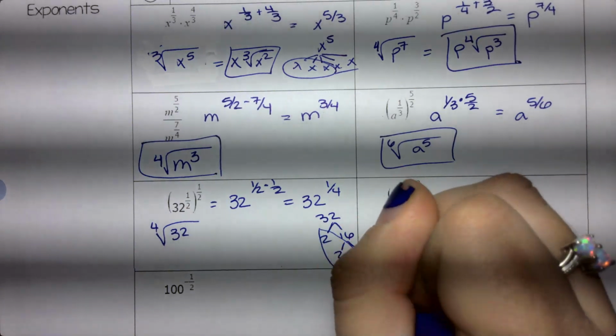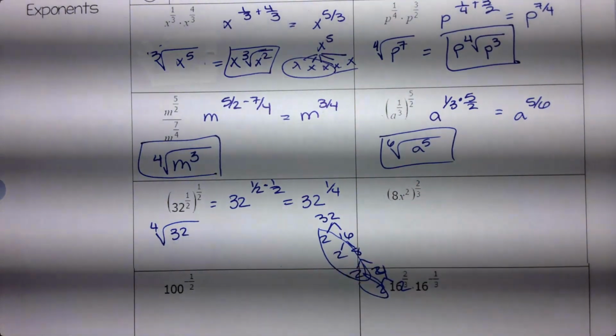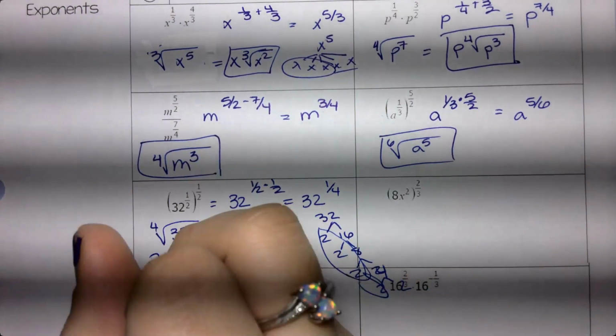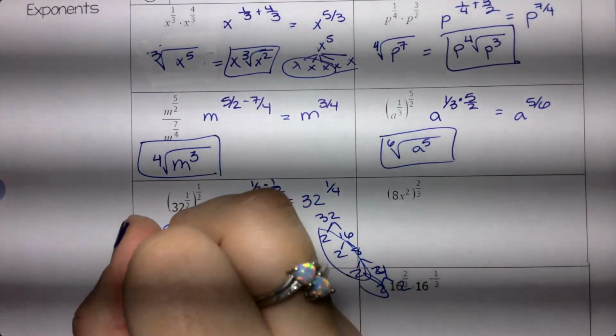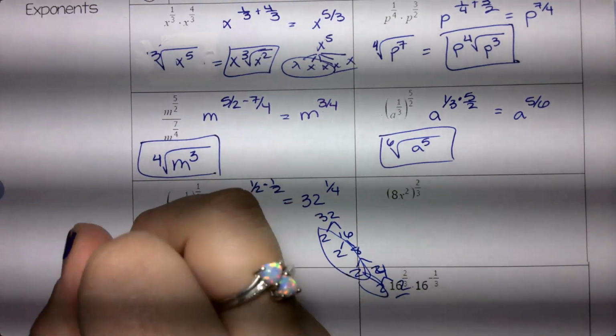Because 8 is 2 and 4. So I have a group of 4 2's that I can pull out. So that's going to be this 2 on the outside. And then I have a 4th root. I have a leftover 2 right here. So that goes inside my radical.